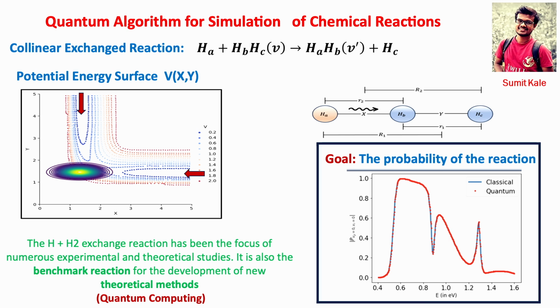For example, you can see this is the relative coordinate, and this is the internal one for the reactant, and this is for the product. But once you reach the scattering or the transition state, we go with what we call the bond coordinates X and Y. And the goal of the experiment is to come up with the probability distribution, or probability, for the reaction from the reactant H to H2, with changing V to V prime. So this is what they got with the full quantum calculation, and we'd like to see if we can repeat this on a quantum computer.